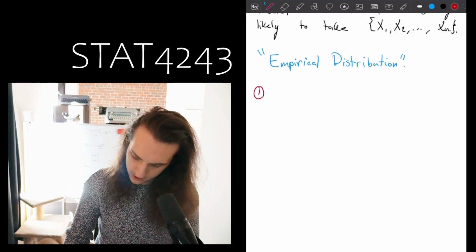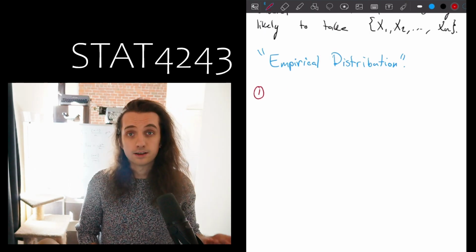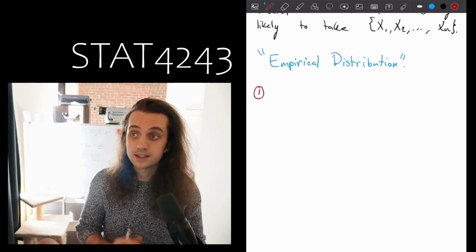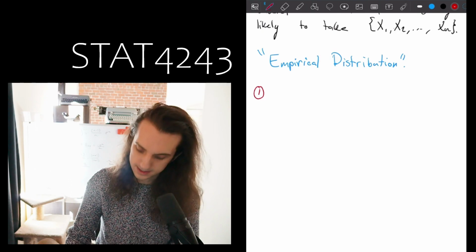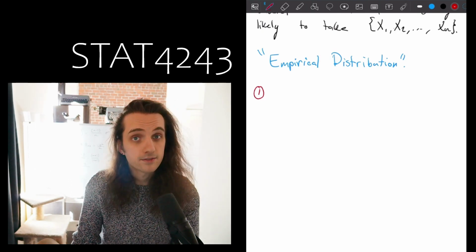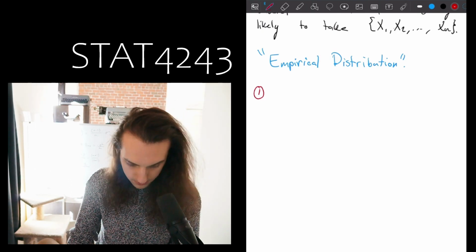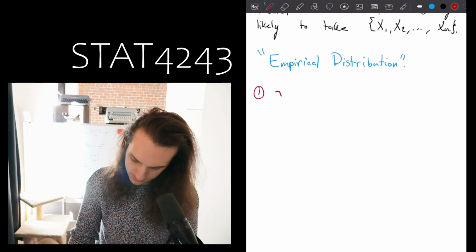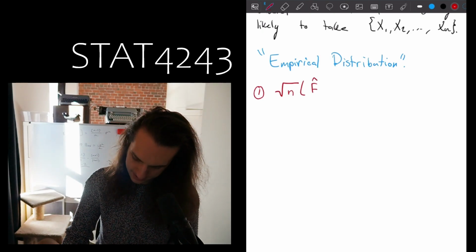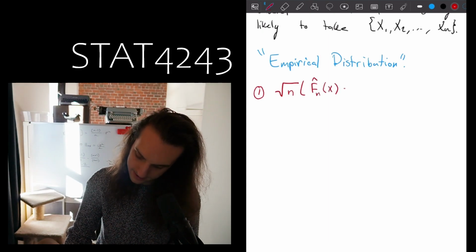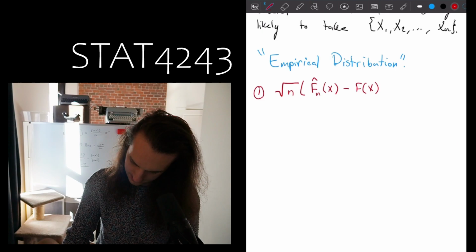And so the first is that we are going to have convergence in distribution of the ECDF at any given point, right? So we can essentially use the central limit theorem because, again, we have this sample average. And so if we think about one way that we can formulate the central limit theorem, what we can say is that the square root of n times F hat n of x minus F of x, right?